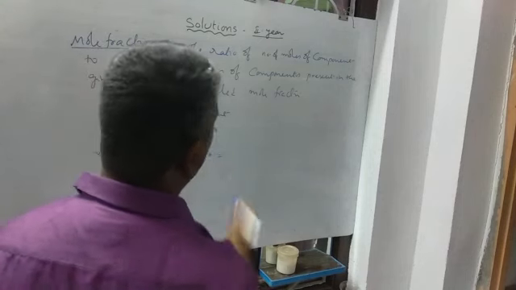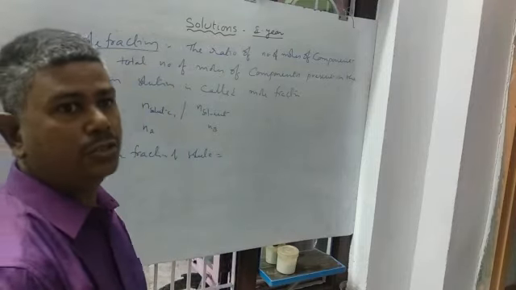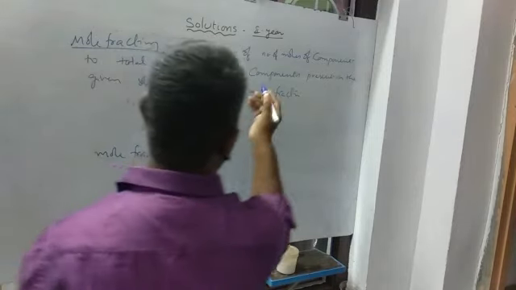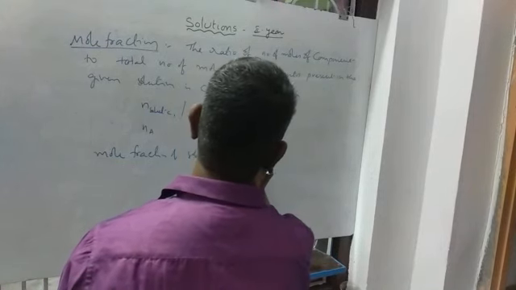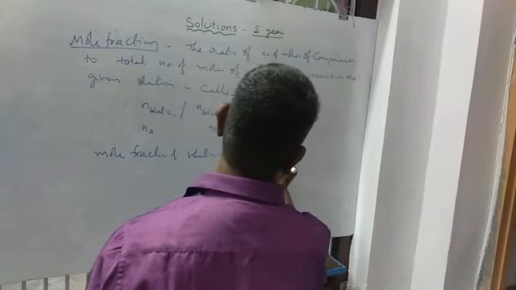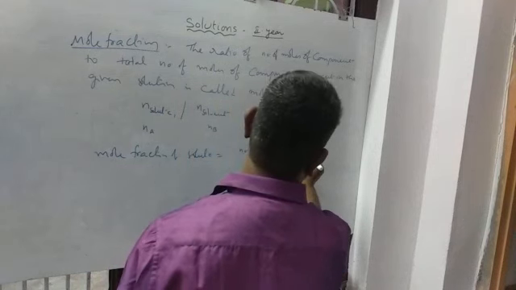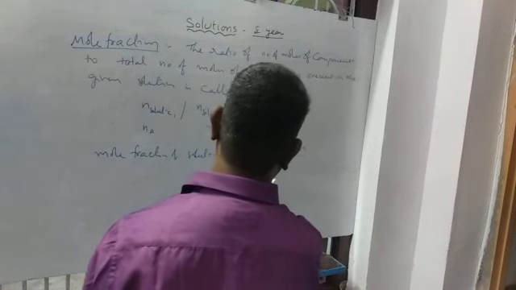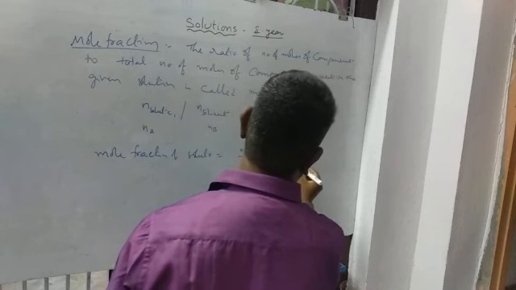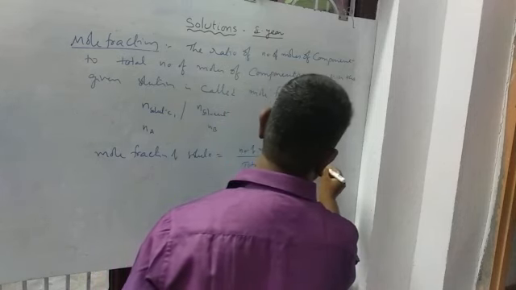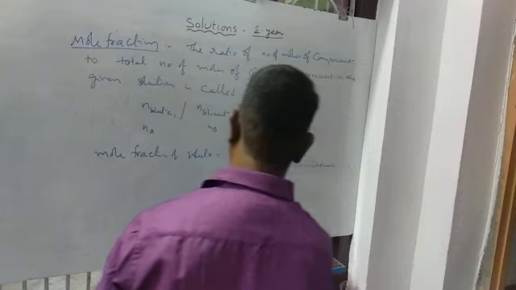Then according to the definition of mole fraction, the mole fraction of solute equals, what is the formula? It is simply a ratio. Number of moles of solute by the total number of moles of components.